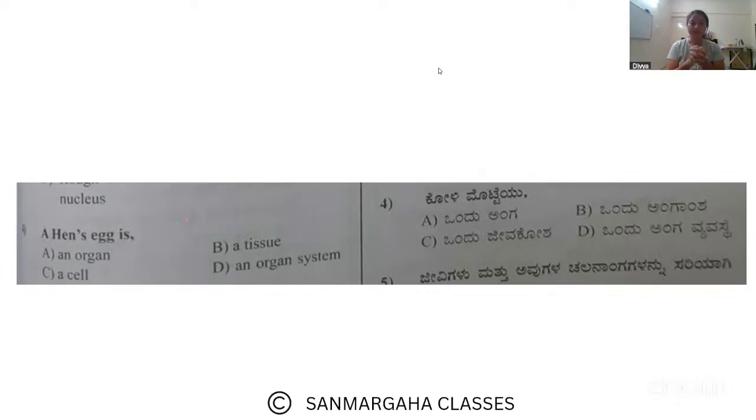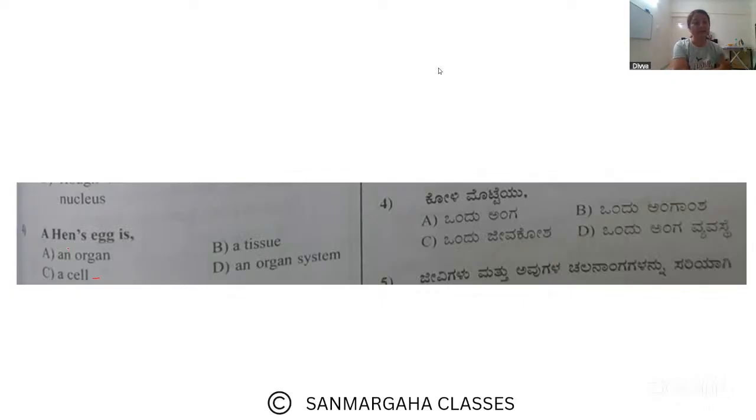Okay, so then a group of organs together form an organ system. So for example, if I have to say, maybe you can take a muscle cell. Okay, and all the cells together form muscle tissue. Okay, then all the muscle tissue forms the organ.